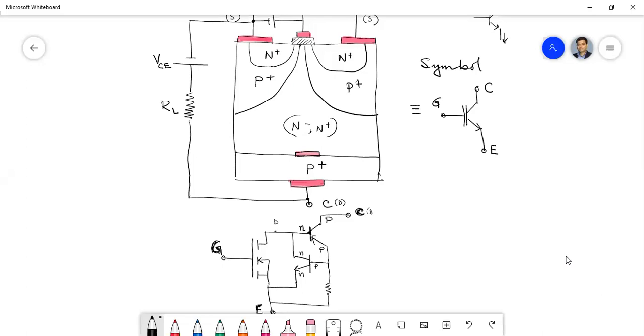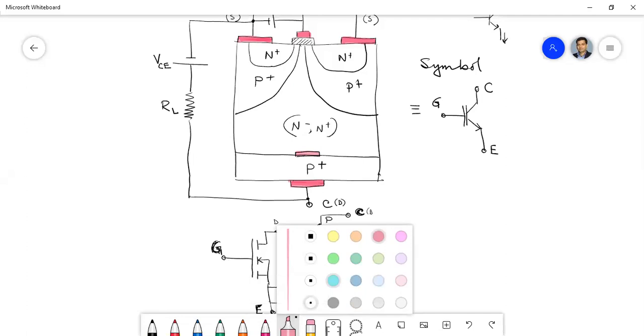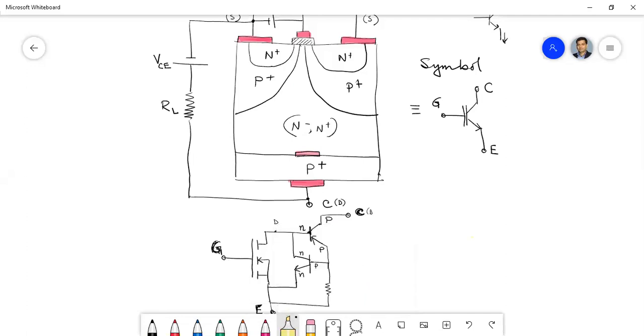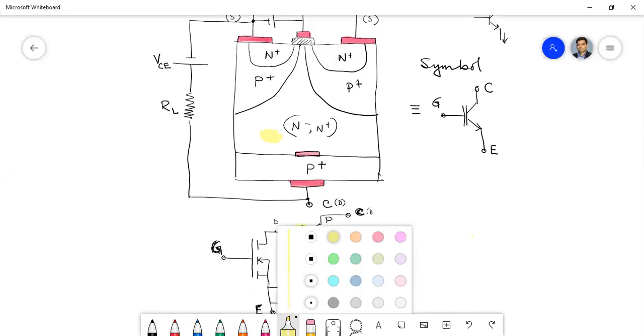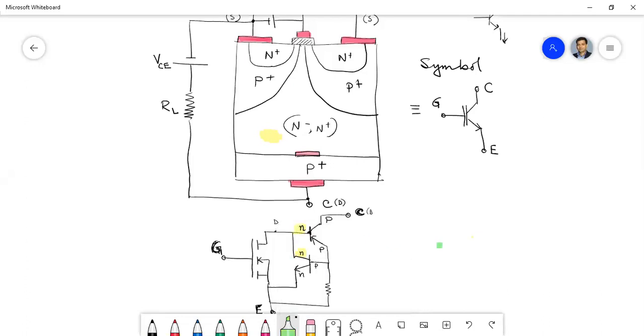Okay, is it clear? So that means if we want to mark it, you can see like this. So this is the N layer. So this is basically these two N. So we have another N. So if we want to mark this N like this, so this is that N. So that is that portion.